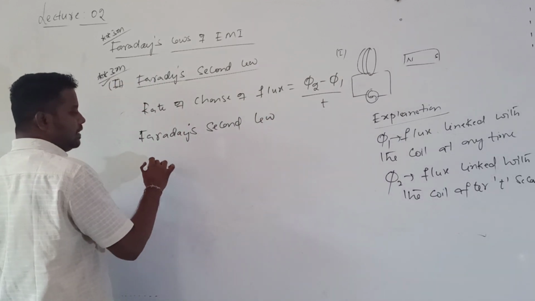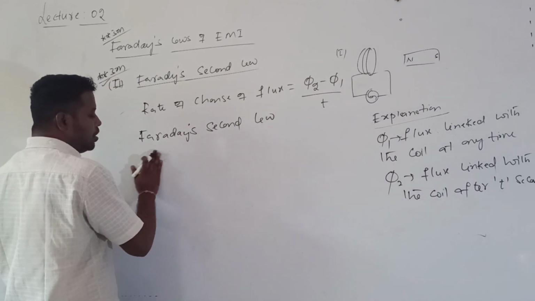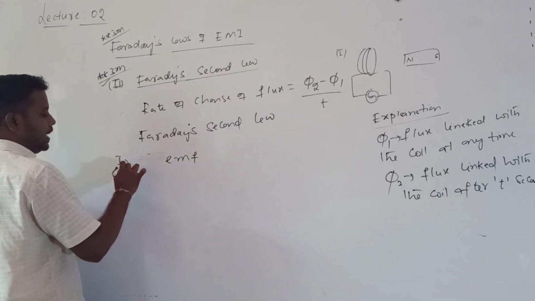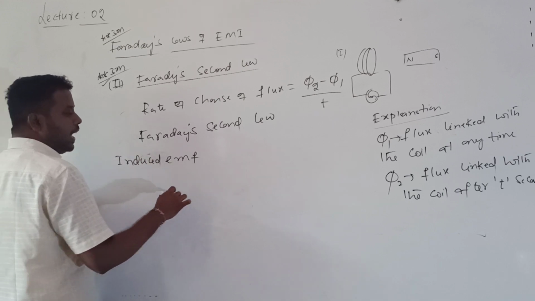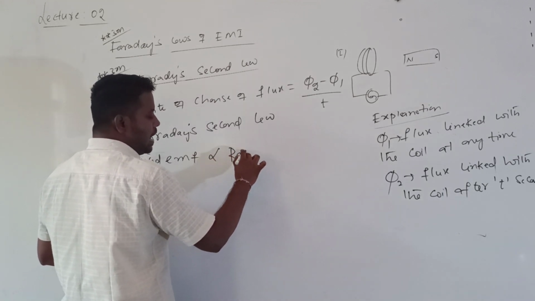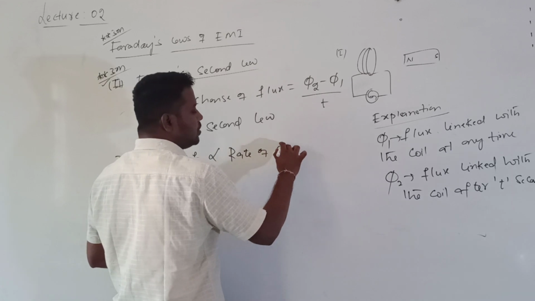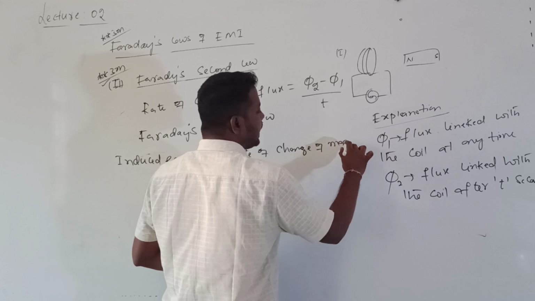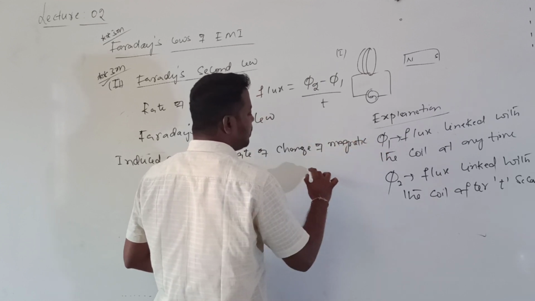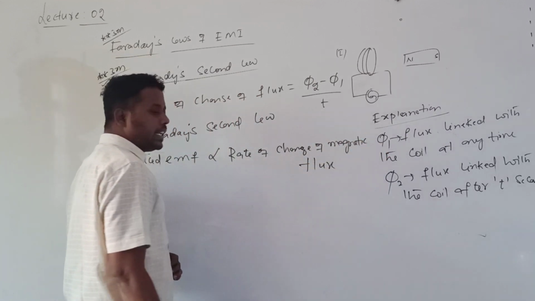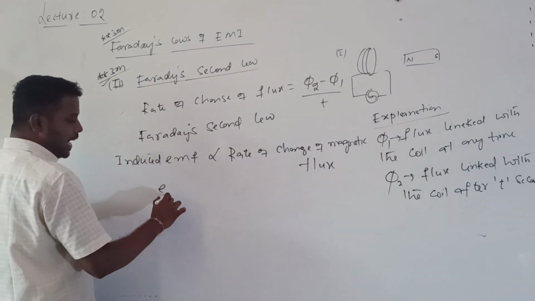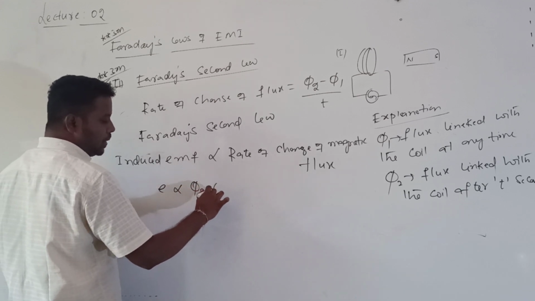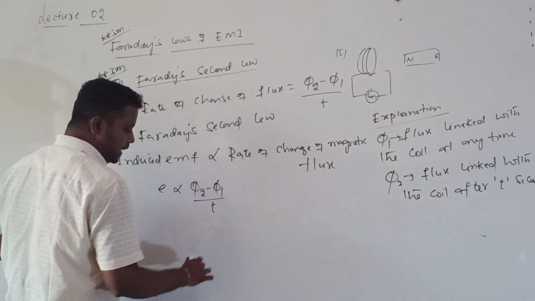Faraday's second law tells us the induced EMF is directly proportional to the rate of change of magnetic flux. That is, induced EMF E is directly proportional to phi 2 minus phi 1 divided by t.